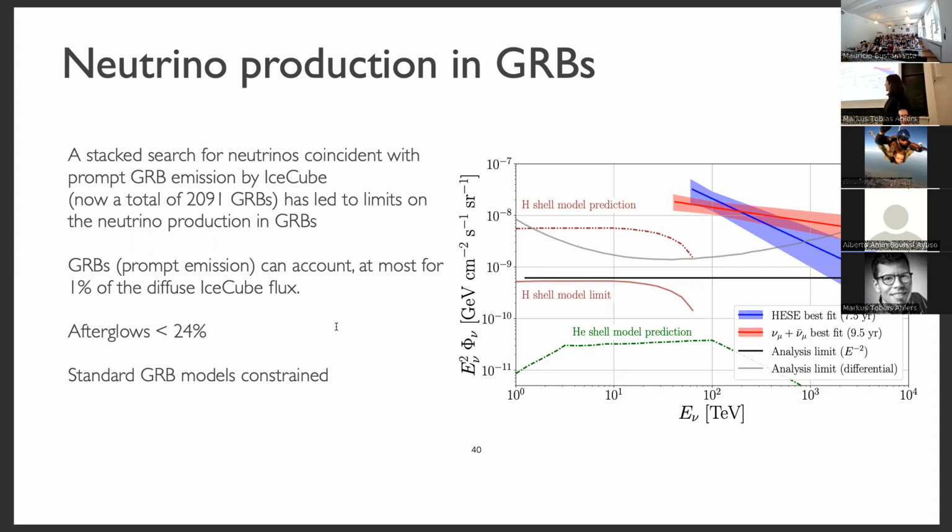And the limit gets weaker as we increase the time window of the search. So it can be at most further 20% if we also consider a week or so of the afterglow.